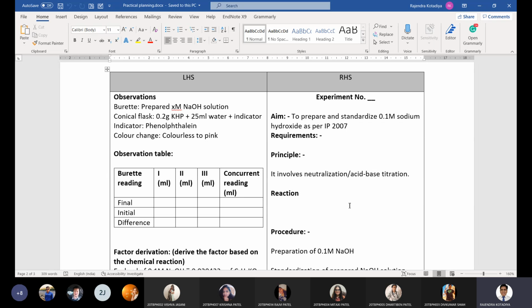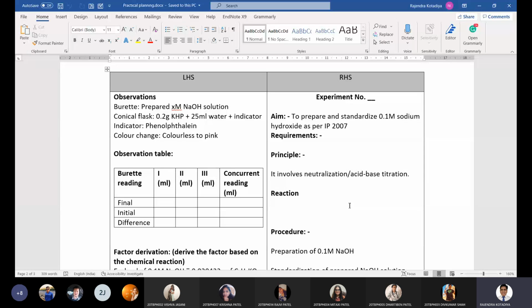The aim will be to prepare and standardize 0.1 molar sodium hydroxide as per Indian Pharmacopoeia 2007. The procedure I told you is taken from the Indian Pharmacopoeia. I think you might have heard about this IP, or Indian Pharmacopoeia. Have you studied it in Pharmaceutics? Yes, sir. That is an official book that gives authentic information about that substance.